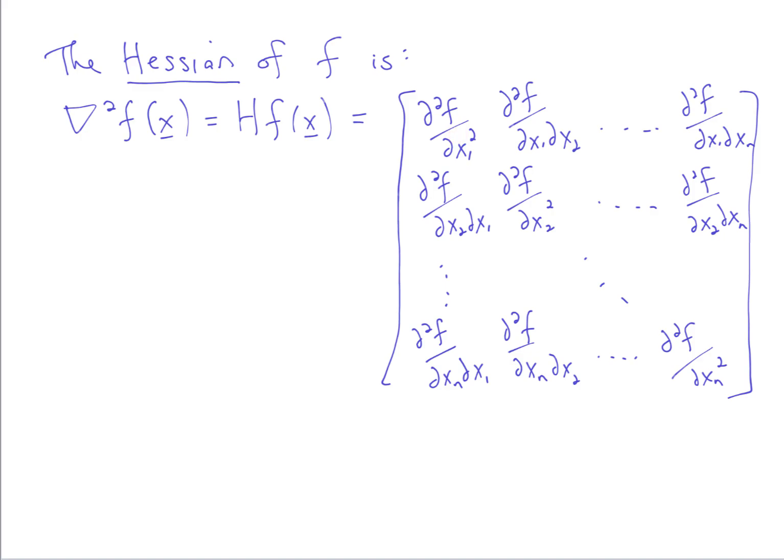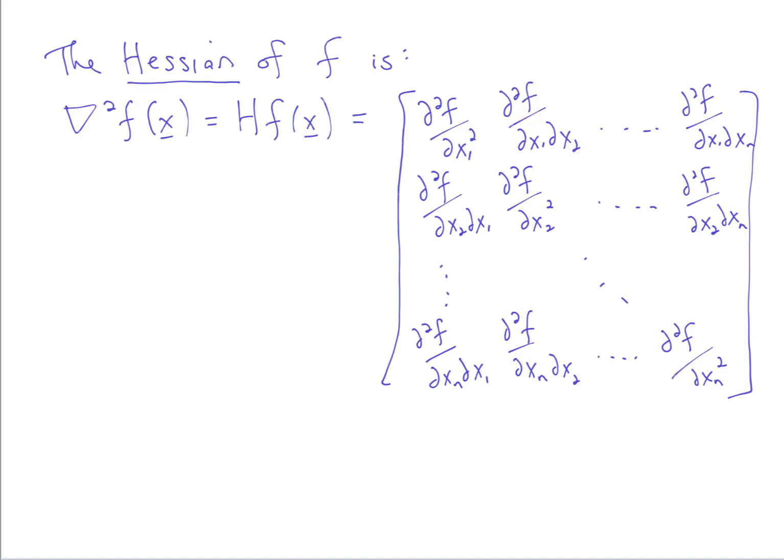So you see your first entry is the second order partial of f with respect to x1 twice. Entry 1, 2 is the second order derivative of f with respect to x1, then with respect to x2. And as we work to the right, the second order partial of f with respect to x1 with respect to xn.